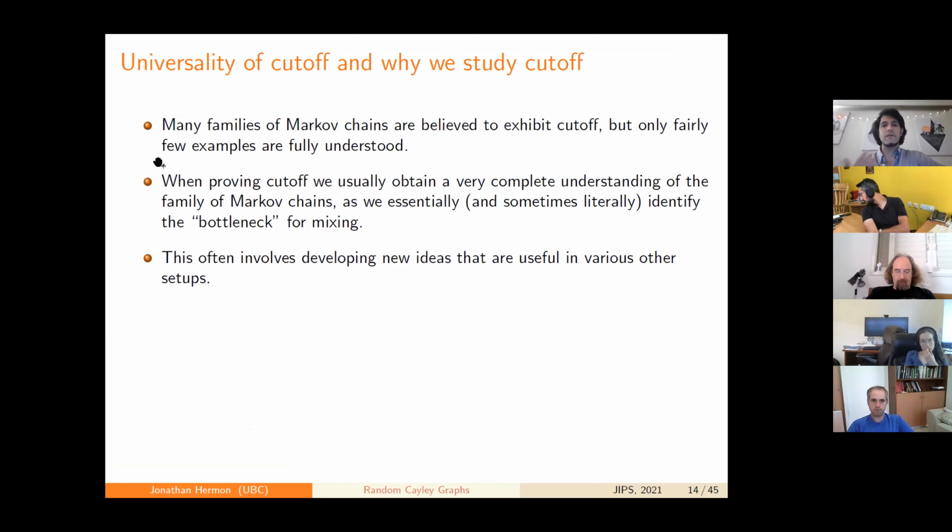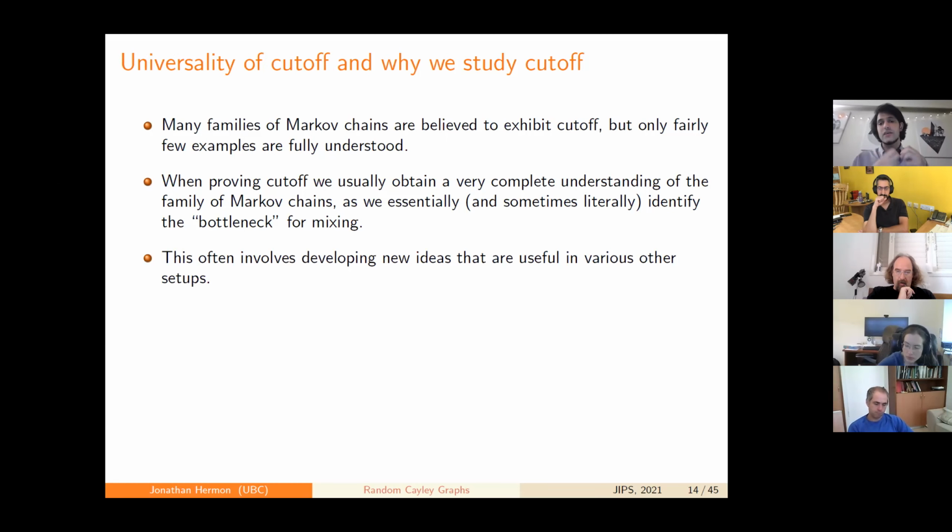Okay, so many families of Markov chains are believed to exhibit cutoff, but fairly few examples are fully understood. And one motivation for proving cutoff is that in order to prove cutoff, we really have to understand the family of Markov chains that we're considering very, very finely.